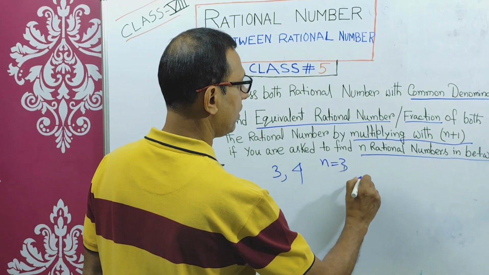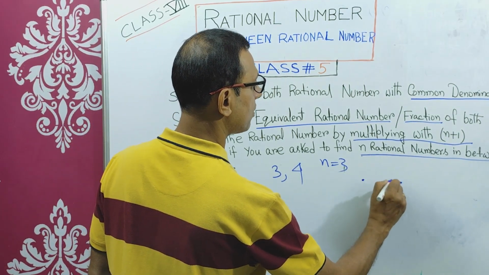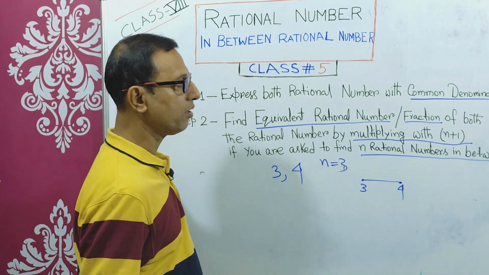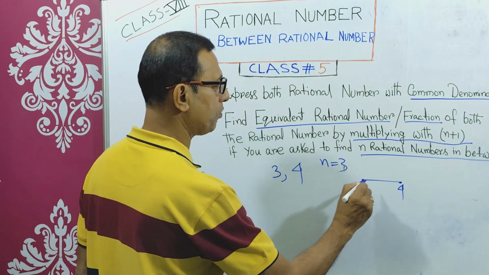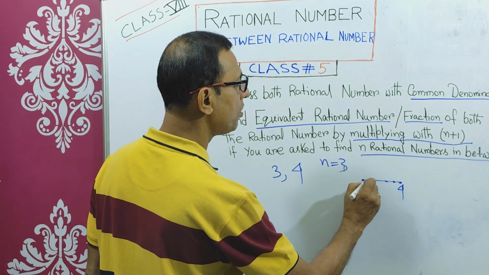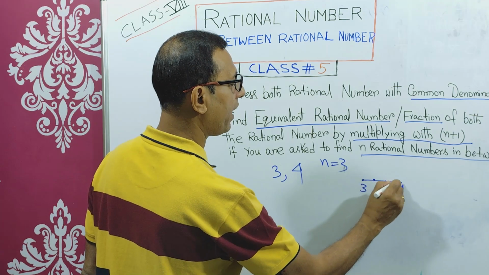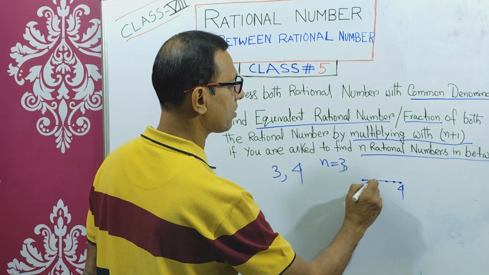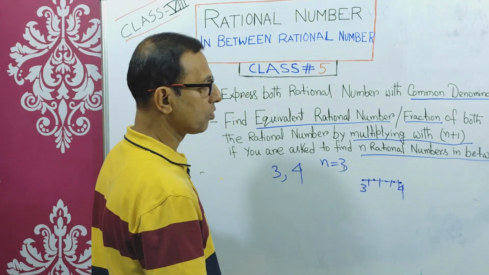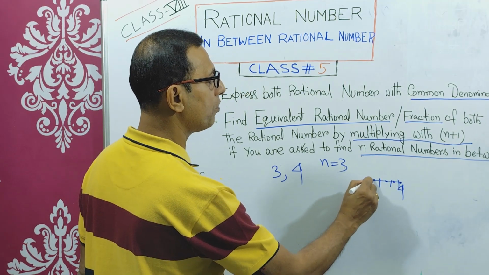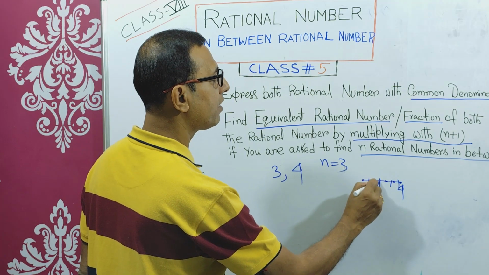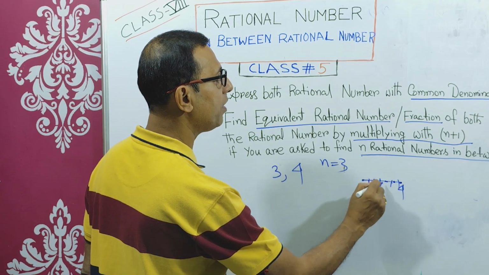Just understand, if there are 2 points, 3 and 4, and you need to find 3 points in between, 1, 2, 3, that means you need to divide this section into 4 equal parts, 1, 2, 3, 4.